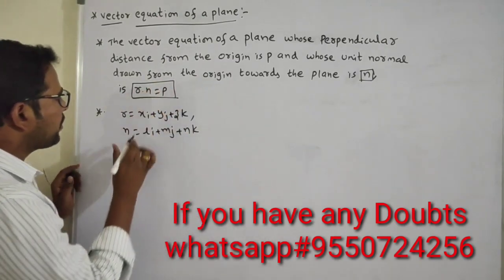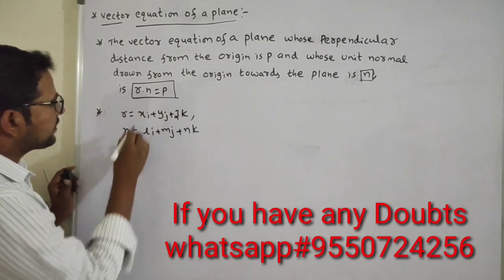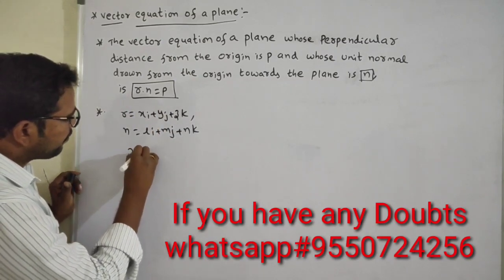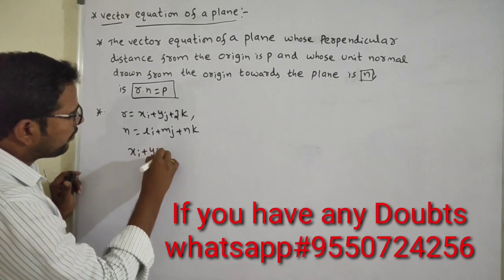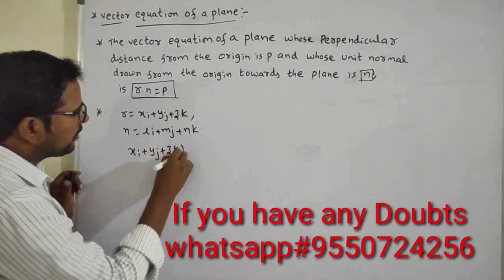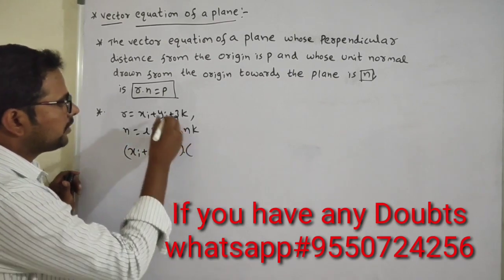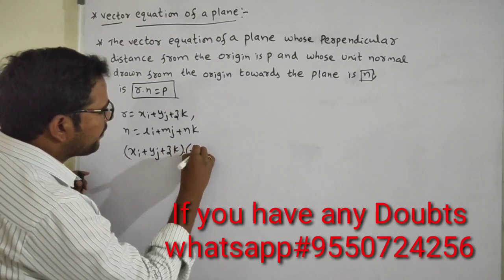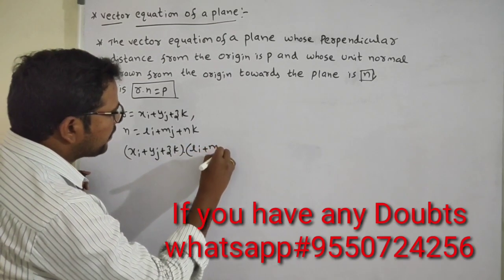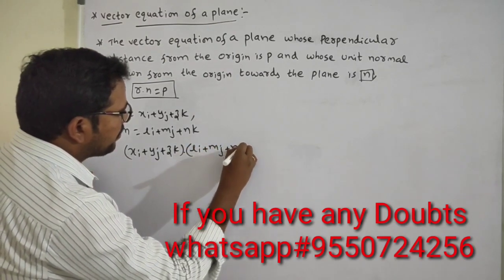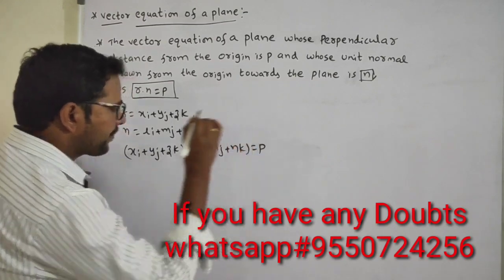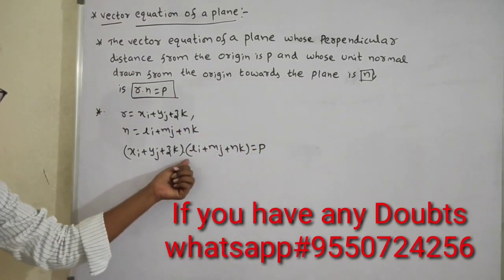So substitute all the values. What is r? xi plus yj plus zk, dot n, which is li plus mj plus nk, is equal to P. So we have to do the dot product.